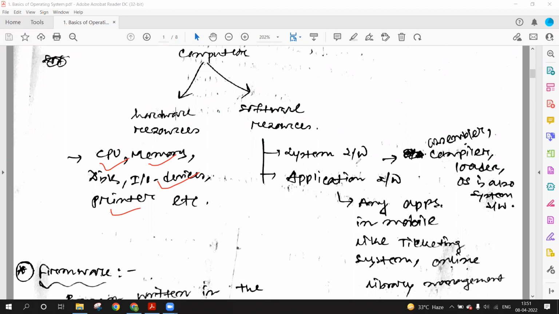And software resources, we can divide into two parts. The first one is system software and the second one is application software. So what are the system software? Those are like assembler, compiler, loader, and the operating system itself is also a system software. And what are the application software?